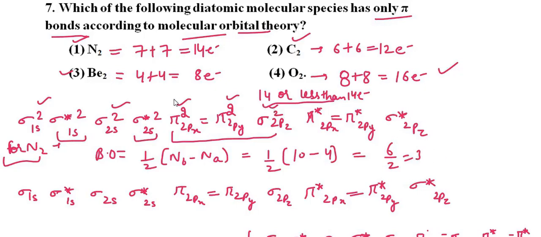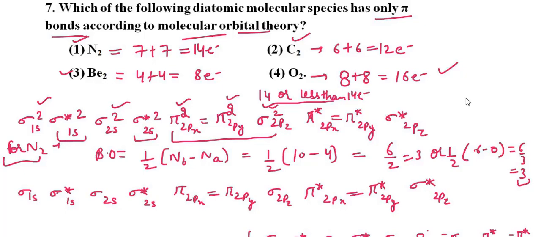Or we can consider only these 3 orbitals, because this is the innermost electronic configuration and the outer ones which take part in bonding are pi 2px2, pi 2py2 and sigma 2pz2. Or we can express it like this also, 1 by 2, 6 minus 0. These 3 are all bonding, and anti-bonding is 0. From this also the bond order comes out to be 3.